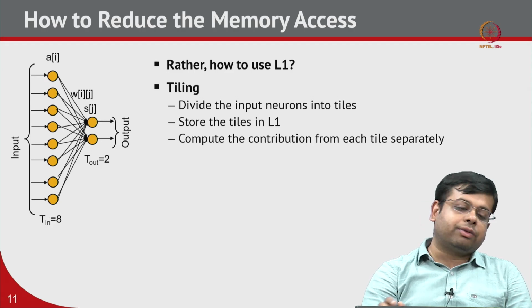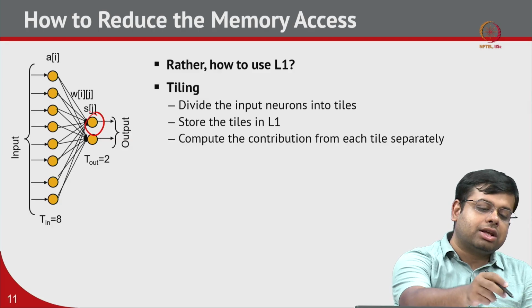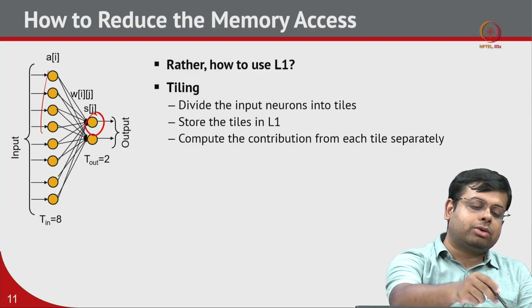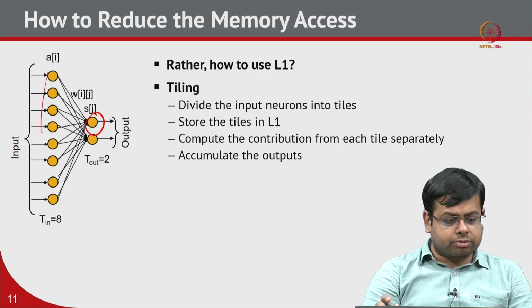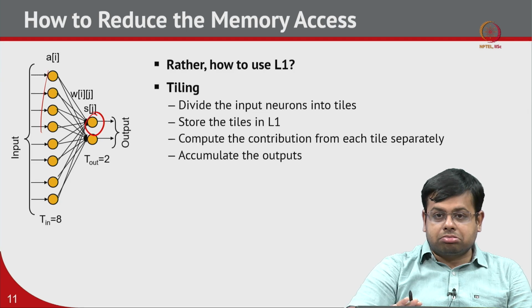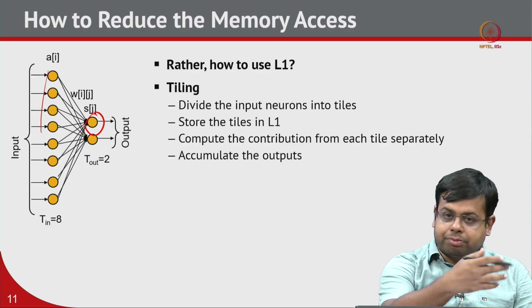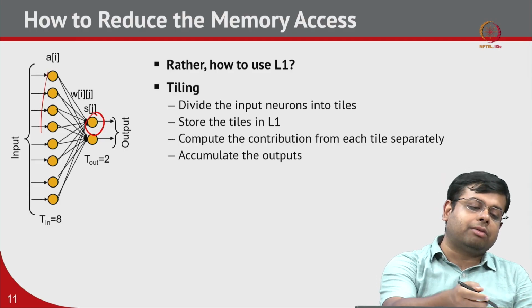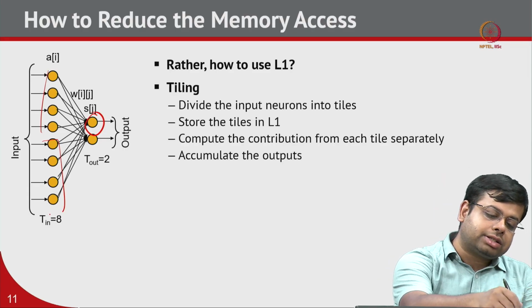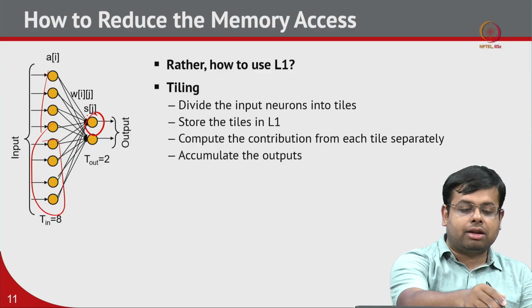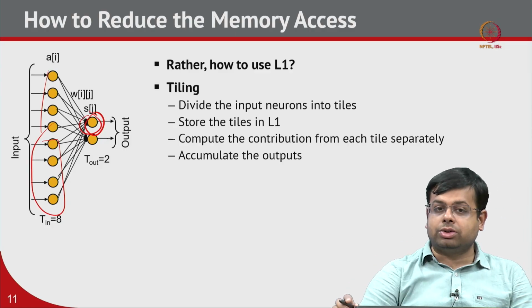Because if we want to compute S0 first, then we have to take some input neurons and save the partial sum, and then again take the other set of input neurons and add. But that is not what we should do.